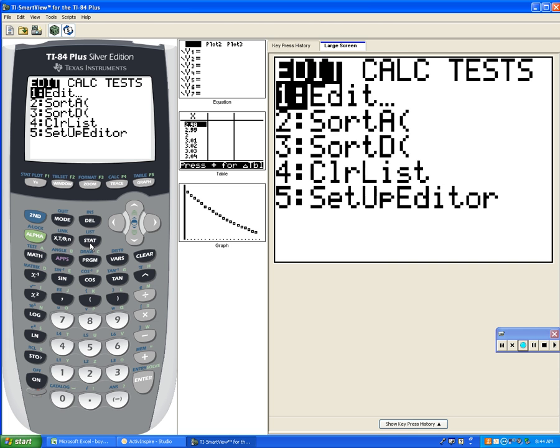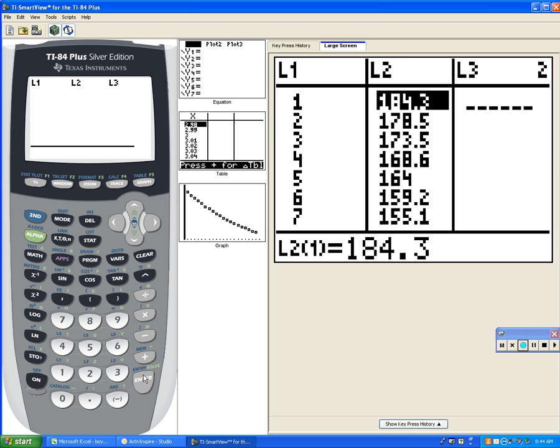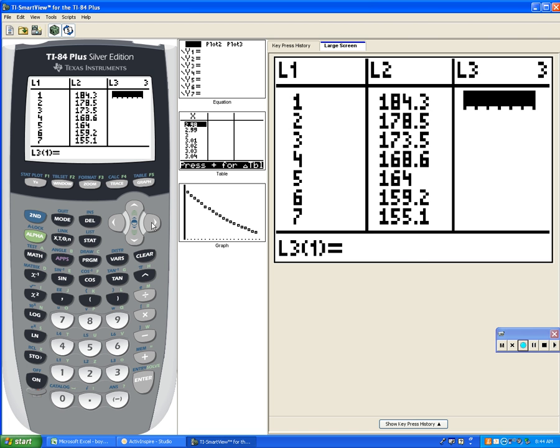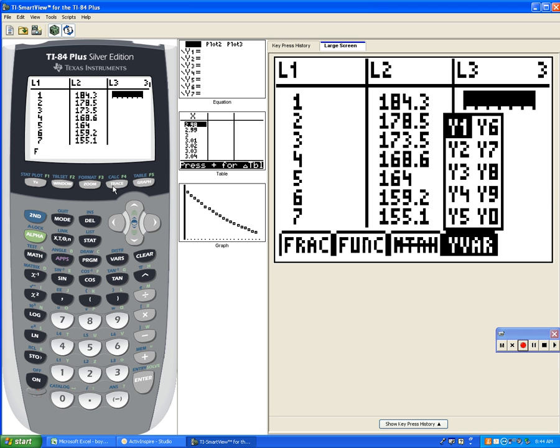So we'll go stat, edit, and then over here to L3, we have to go, can I do this from the top? Let me try this for a second. What does it say? L2 minus 72? Supposed to be 85 degrees today. Yeah.